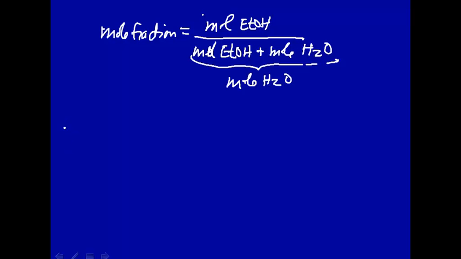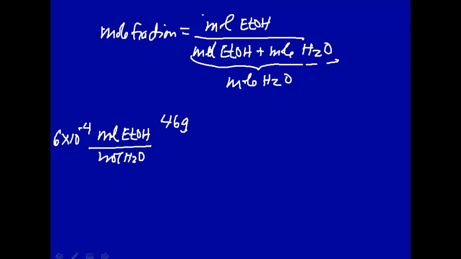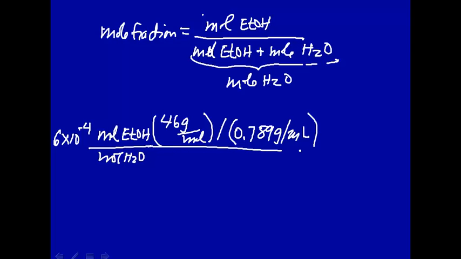So we have 6 times 10 to the minus fourth mole of ethanol per mole of water. And let's multiply by the conversions here. We got 46 gram per mole. That's the molar mass of ethanol, so I've converted to gram. And then we're going to divide that by the density, 0.789 gram per milliliter. So that'll give us a volume of ethanol.